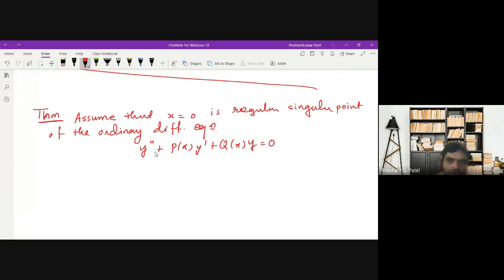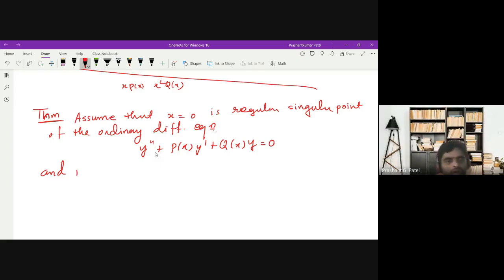Since this is a regular singular point, we have that x p(x) and x square q(x) are analytic functions in a neighborhood of the point x0. So they will have a valid power series expansion.